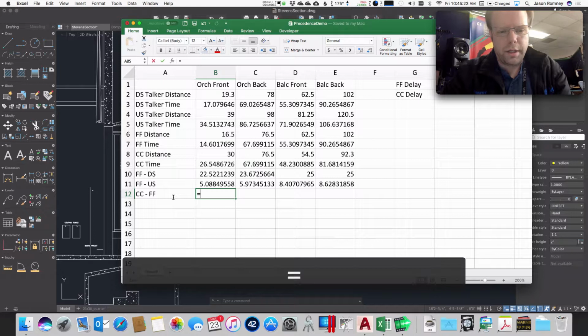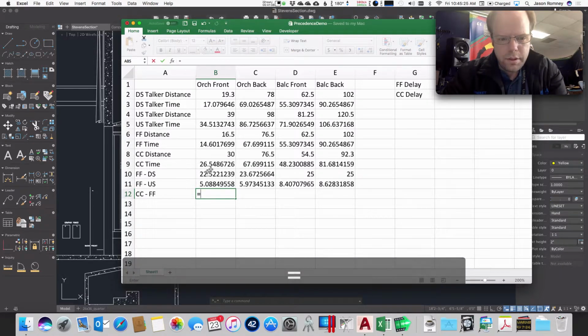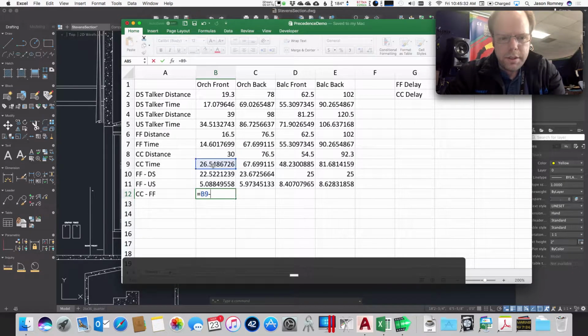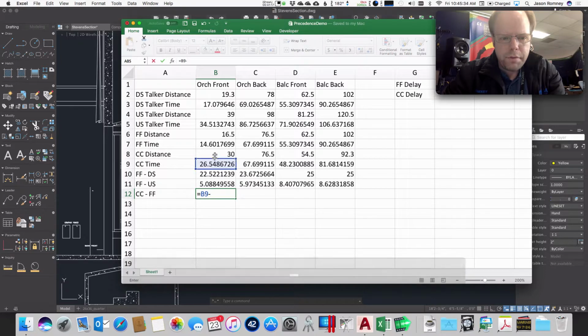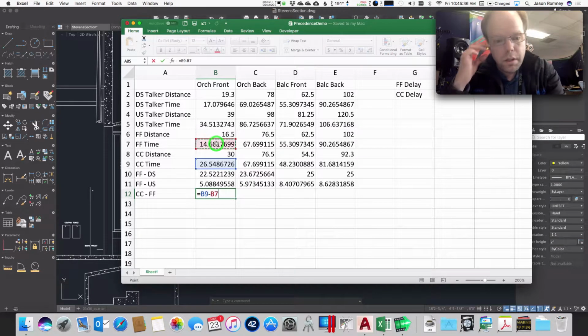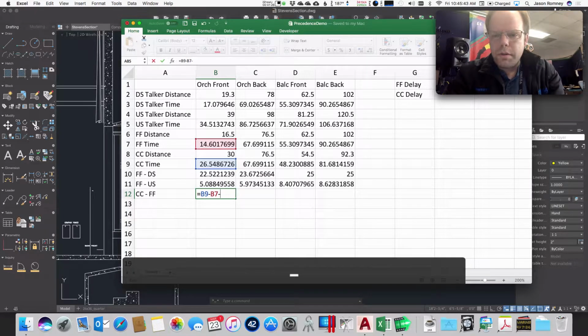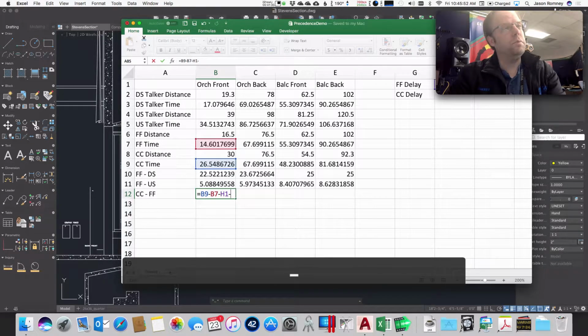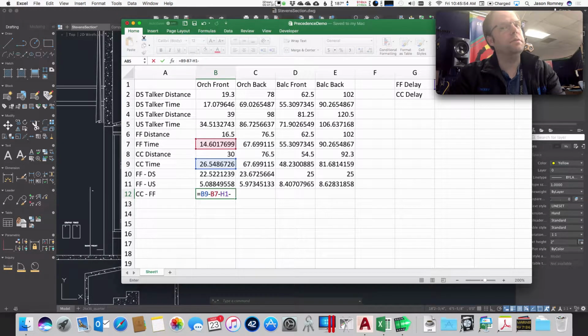So this is going to equal center cluster time minus the front fill time minus the front fill delay, right? But also, it would be minus or plus the center cluster delay.